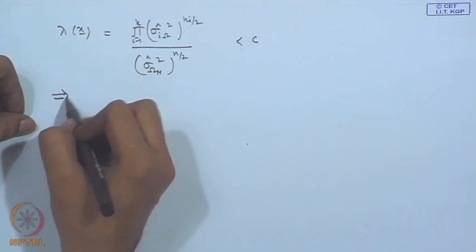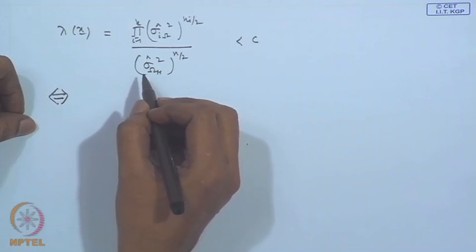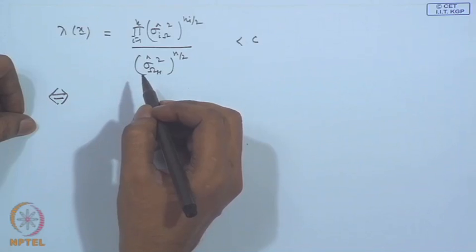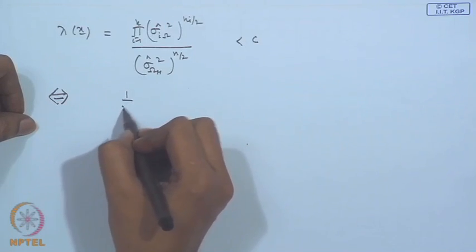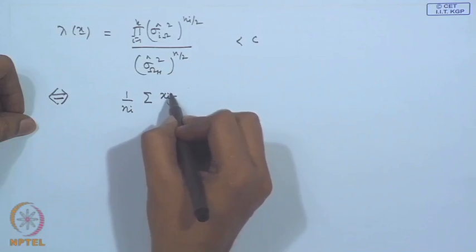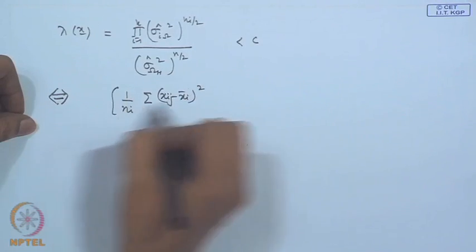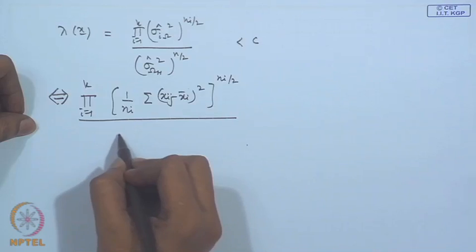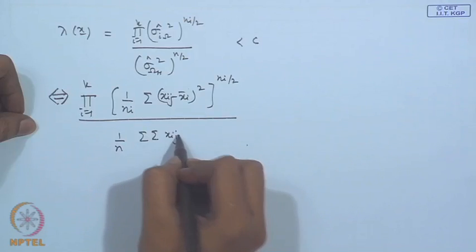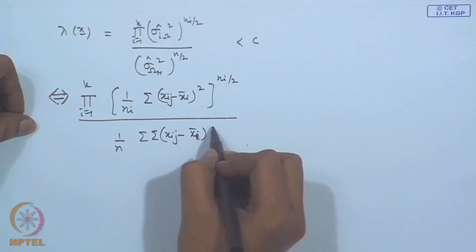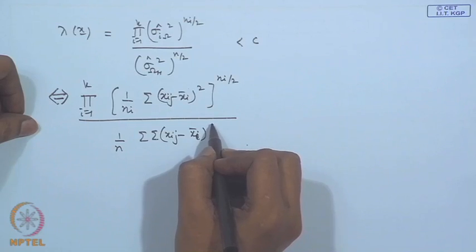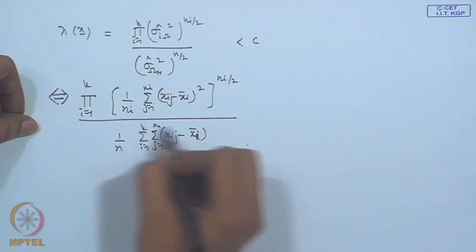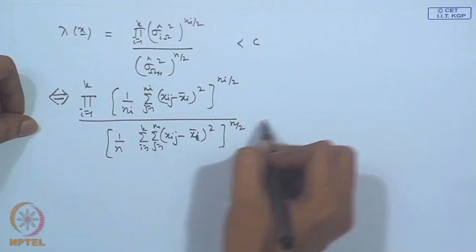So, this less than c is equivalent to saying that, now this sigma_i omega hat, we have already written the expression, that is 1 by n_i sum of x_ij minus x_i bar square, to the power n_i by 2, product i equals 1 to k, divided by 1 by n double summation x_ij minus x bar square, j equals 1 to n_i, i equals 1 to k, whole to the power n by 2, less than c.